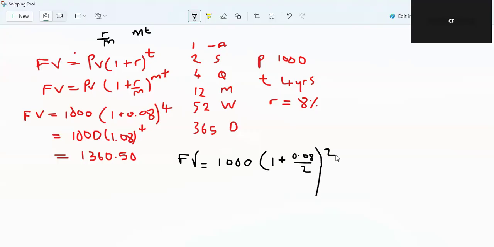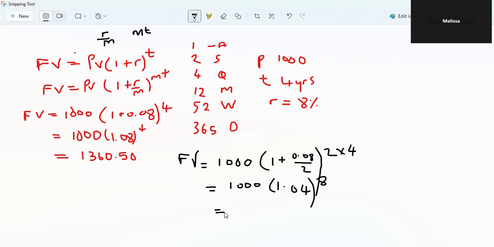Then the 4 will be multiplied by 2. So what are we going to have? 1,000 times 1.04 to the power 8. So what do we get? The idea here is that the more you compound, the higher the figure.